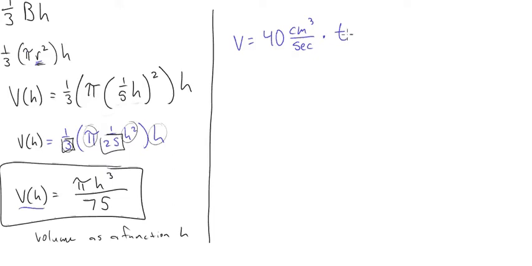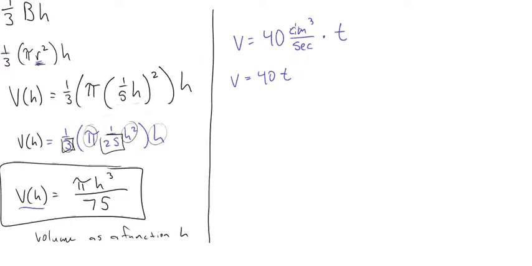We don't know how long it's been going, but we know that every second another 40 cubic centimeters have been pumped in. And so if we write this out, it's essentially 40t. We're going to drop off our units for a little bit, but recognizing that it's coming in at cubic centimeters per second. So let's write a more simplified version of it. Volume equals 40t.